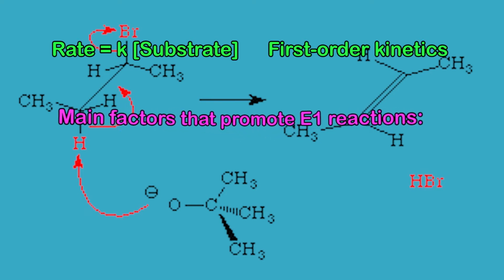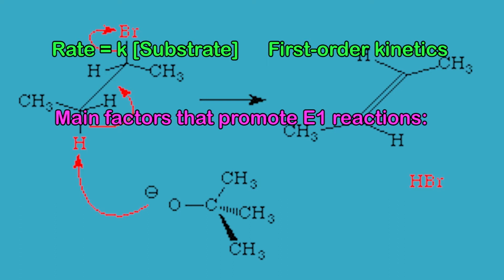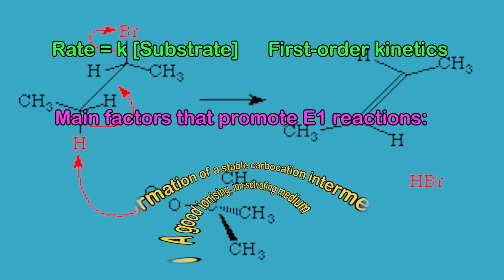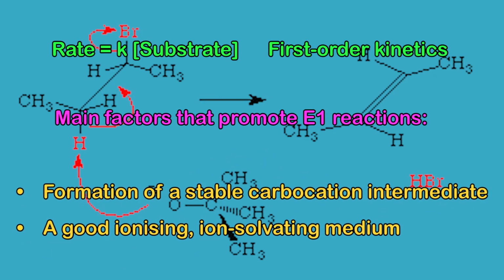The two main factors which promote the E1 reaction are, number one, the alkyl group in the substrate has to give rise to a stable carbocation, and number two, we have to use a good ionizing or solvating medium as the base.